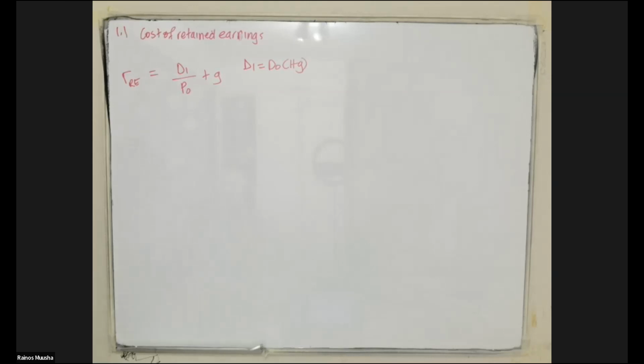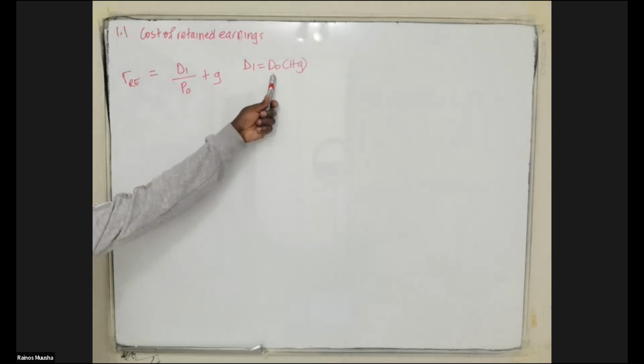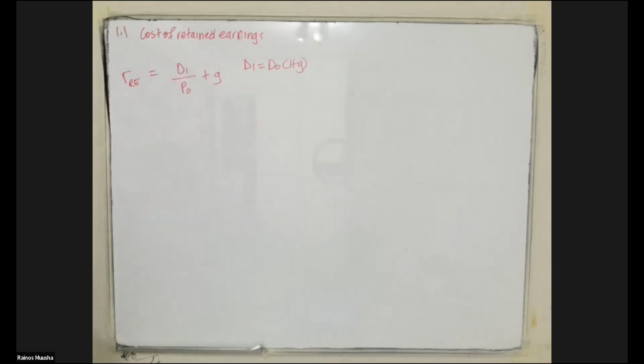Whenever they refer to something that has just happened, like if they say the company just paid, or the recent or current dividend, then you know they're talking about D0. Those are the wording and phrases you have to look out for. That gives you a guideline on whether they are giving you D0 or D1.